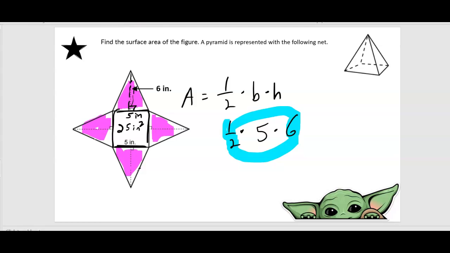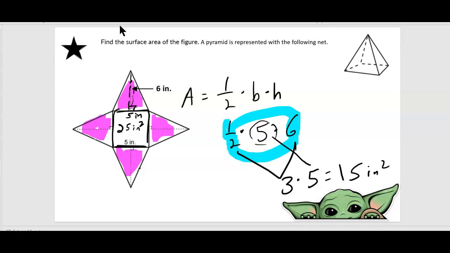Half of 6 is 3. So I bring the 5 right down here, and then I can multiply. 5 times 3 is 15. So each triangle is 15 inches squared, right?